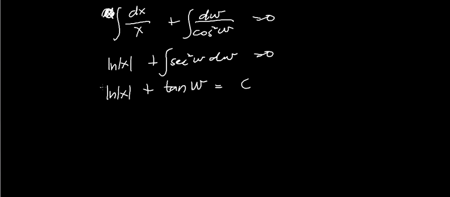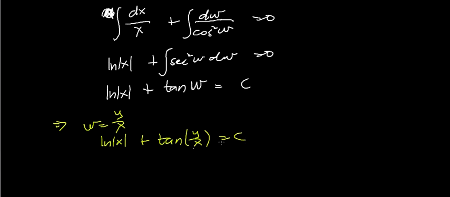Now we need to bring back the value of our w, which is y over x. So we have ln of x plus tangent of y over x is equal to c.